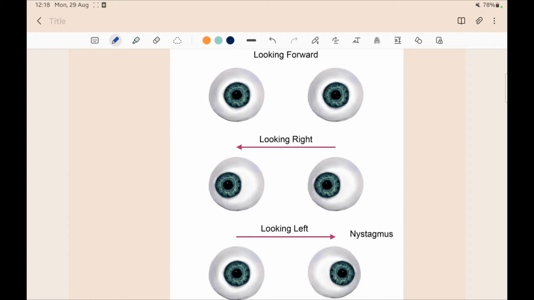But when your left side is affected and you look left, your medial rectus is not firing properly. So there is no medial rectus movement in the right eye, and your left eye is overfiring. So there is nystagmus in your left eye.